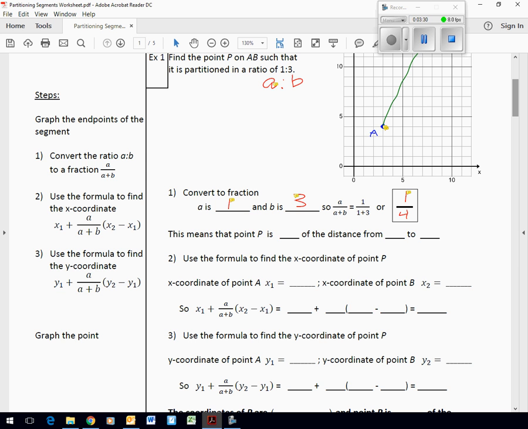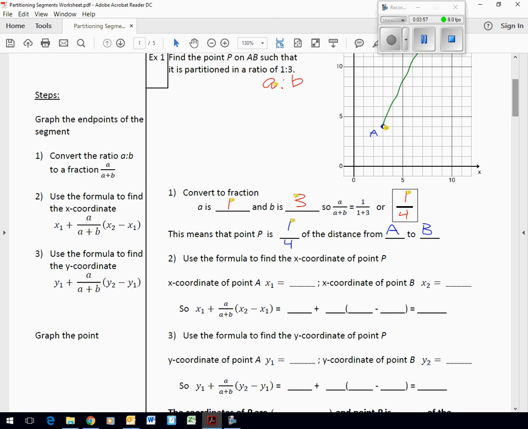So P is 1/4 of the distance from A to B, right? Read the problem. Find P such that it is partitioned in a ratio of 1 to 3. So P is 1/4 of the distance from A to B.